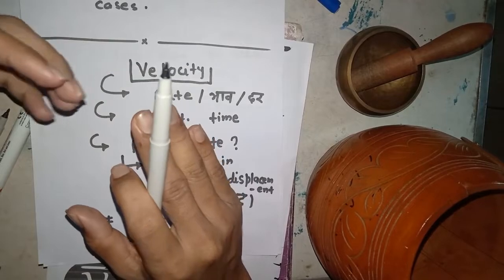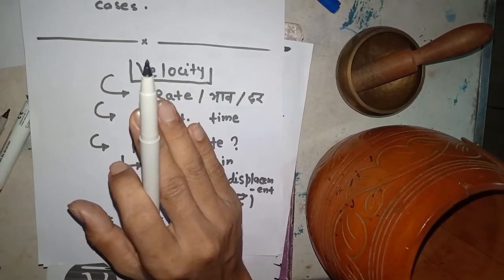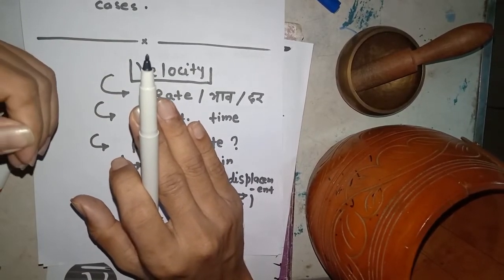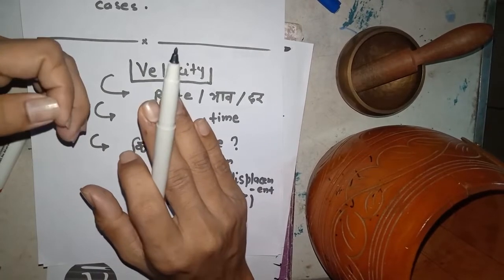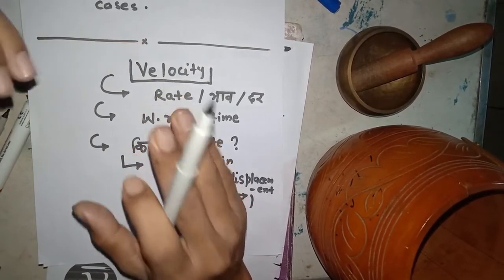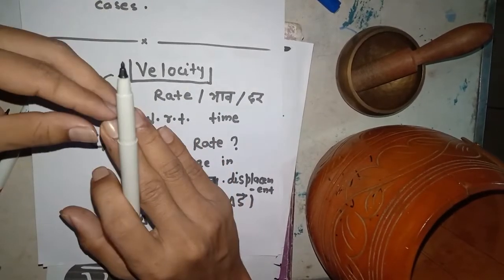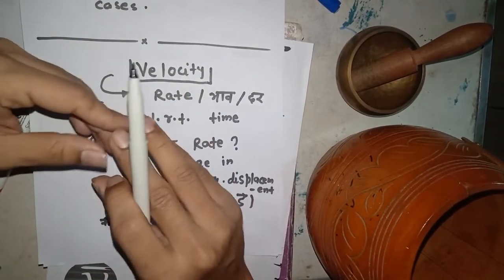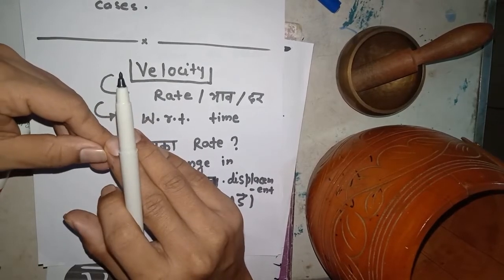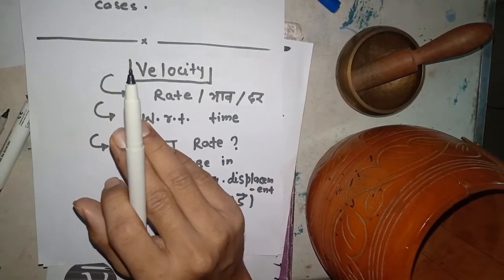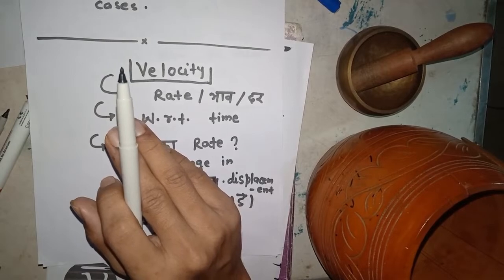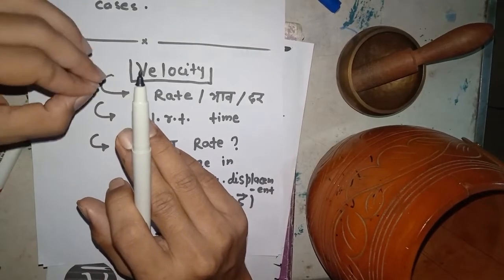You take mass in the market or for commercial purposes. So any physical quantity is rated with respect to time in physics generally.